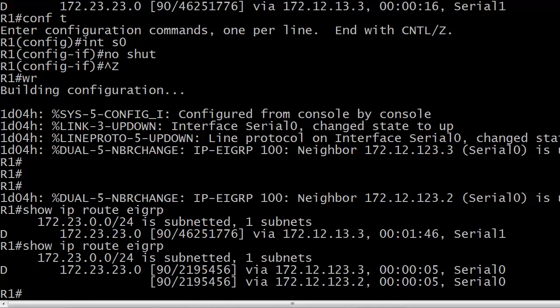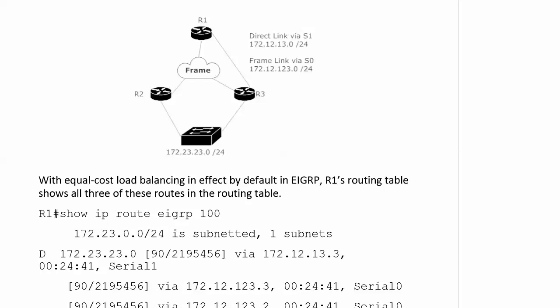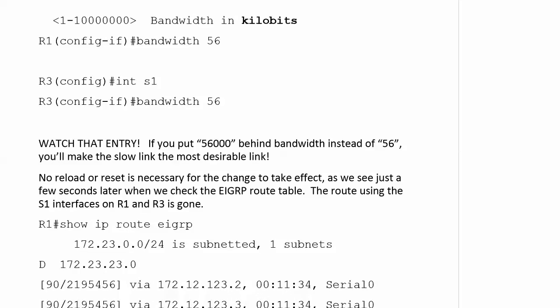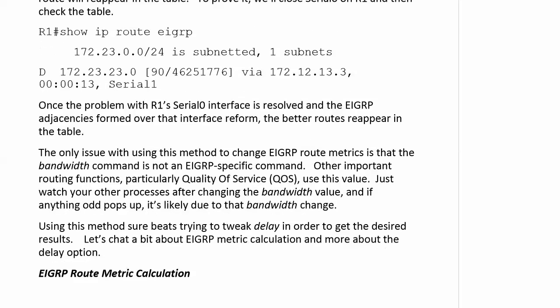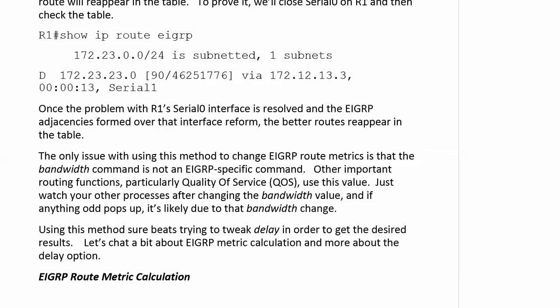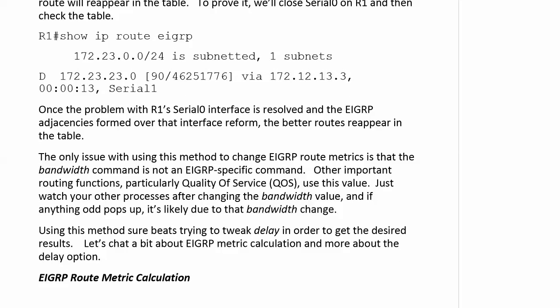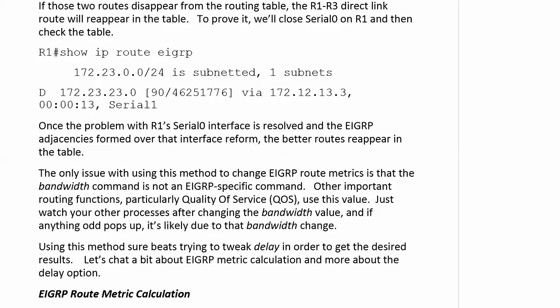We also know how the bandwidth command shouldn't work or shouldn't be applied. And a couple of notes here about the bandwidth command too that I want to share with you. Now you have to be careful with this, because the bandwidth value there is not EIGRP specific. That is, that's not the only protocol or service on the router that's using the bandwidth value.